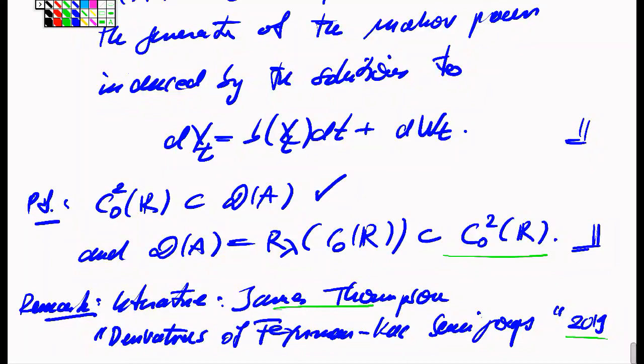The full-blown multidimensional computations in a curved state space situation are done in this paper of James Thomson, a young researcher who is currently at the University of Luxembourg. The paper that I recommend for reading is called Derivatives of Feynman-Kac semigroups, which is much more general than what we presented here today.